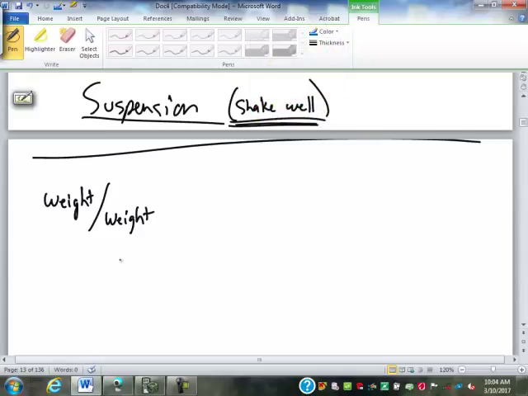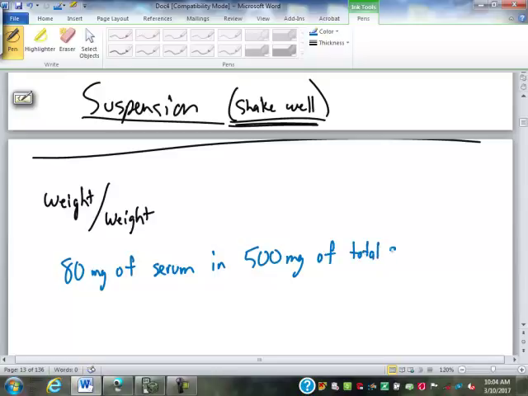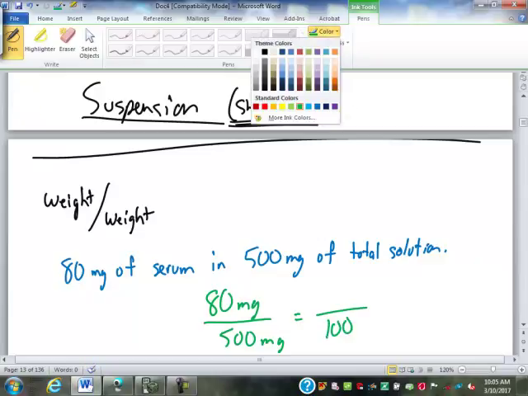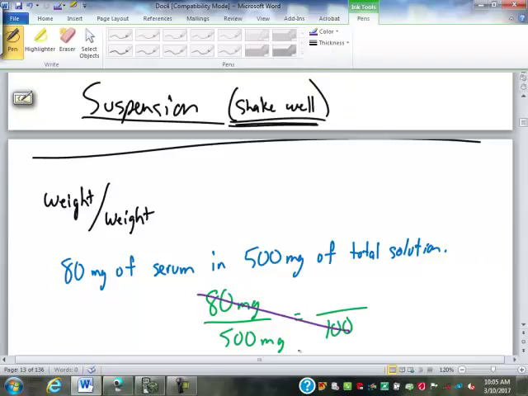So if we have 80 milligrams of medication, I'm just going to say of serum, in 500 milligrams of total solution, the concentration will be 80 milligrams over 500 milligrams equals, to find our percent, blank over 100. 80 times 100 divided by 500 is 16.